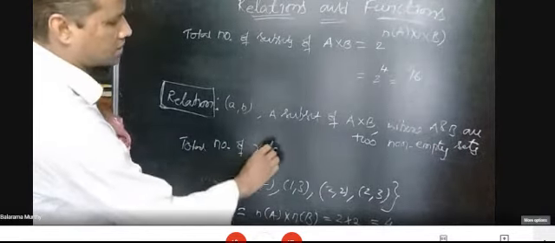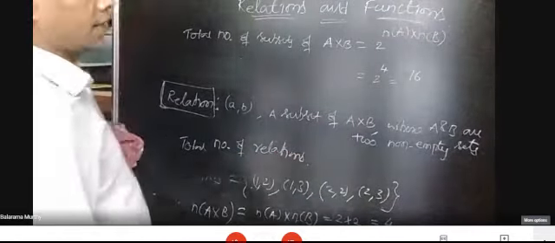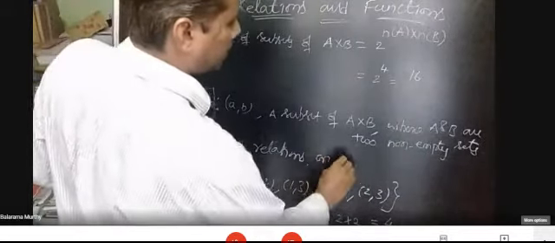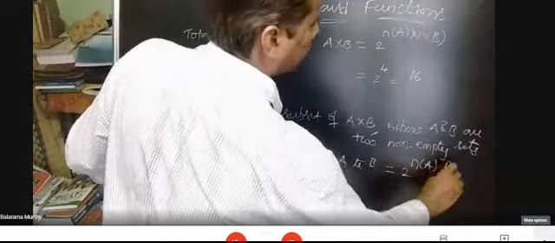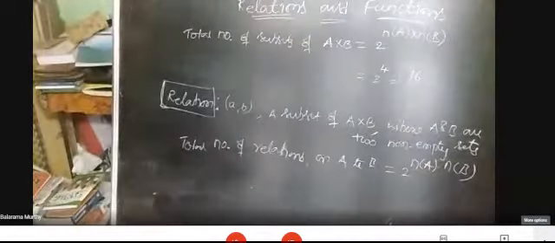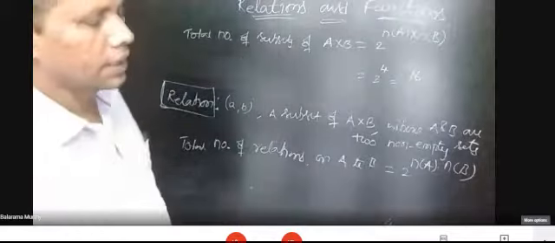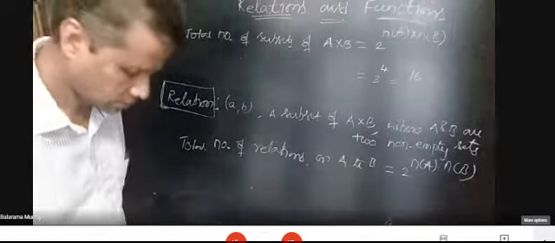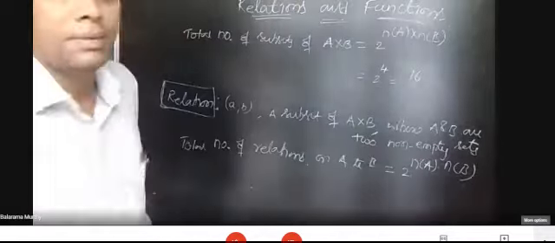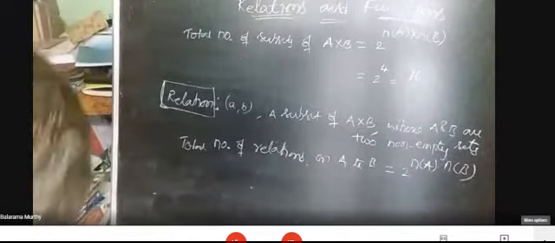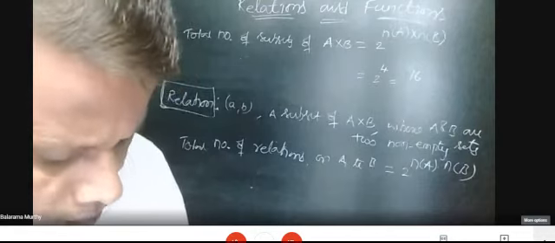Total number of relations from A to B means the number of subsets, which is equivalent to 2 power n of A into n of B. So, how many relations are possible between the 2 sets A and B is 2 power n of A into n of B. Simultaneously, you are copying these points.